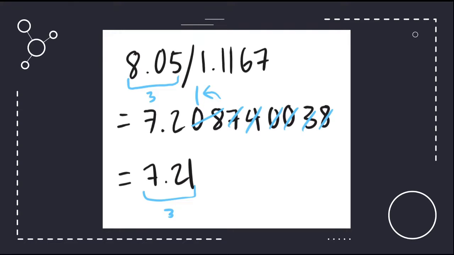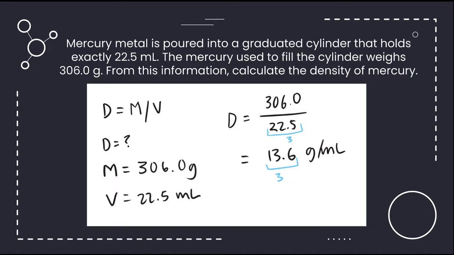Now let's apply what we just learned to a density problem to solve the density of an object. Number 1: mercury metal is poured into a graduated cylinder that holds exactly 22.5 milliliters. The mercury used to fill the cylinder weighs 306.0 grams.